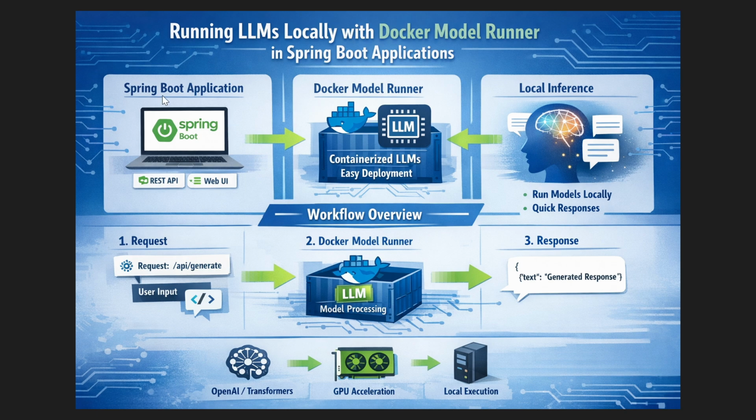This diagram shows how a Spring Boot application sends a request to a Docker-based LLM, where the model runs locally inside a container, processes the input, and returns the response back to the application.